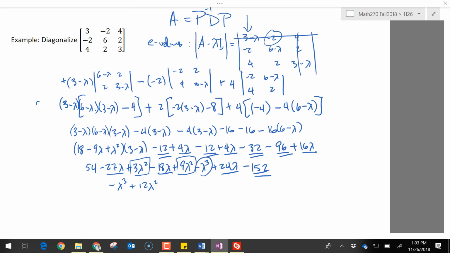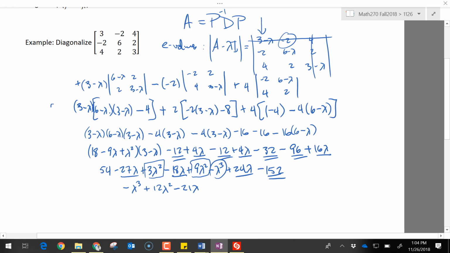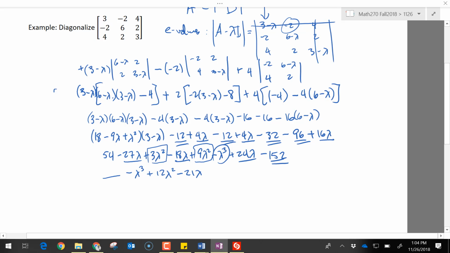The lambdas: 24 minus 18 minus 27 is negative 21 lambda. And the constants, 54 minus 152, give negative 98.